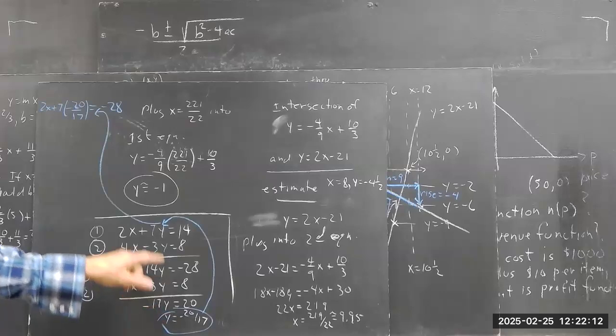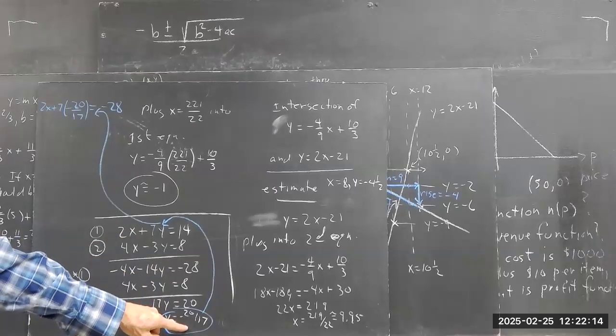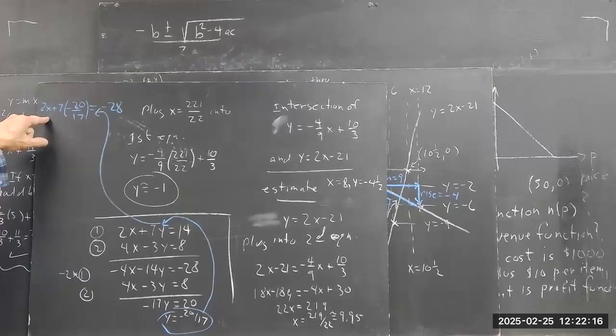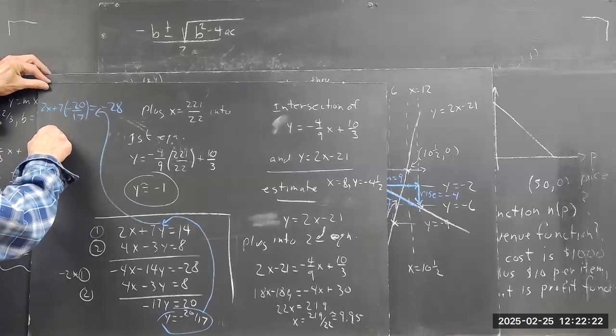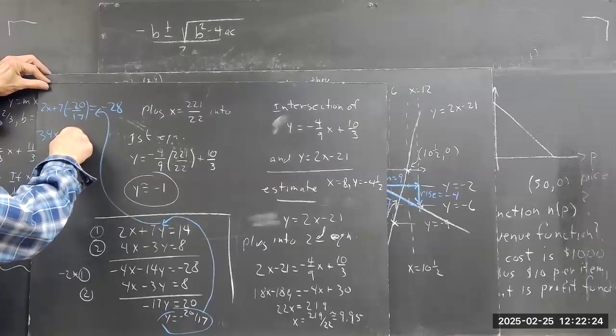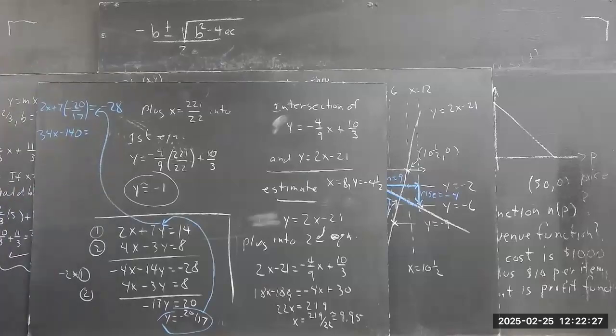I've just replaced this y with this value of y, and now I have an equation I can easily solve for x. Multiply both sides by 17, I get 34x minus 140. And oh, come on, somebody multiply 17 by 20. Okay, well, it's 512 minus 36, which is 484, I think.